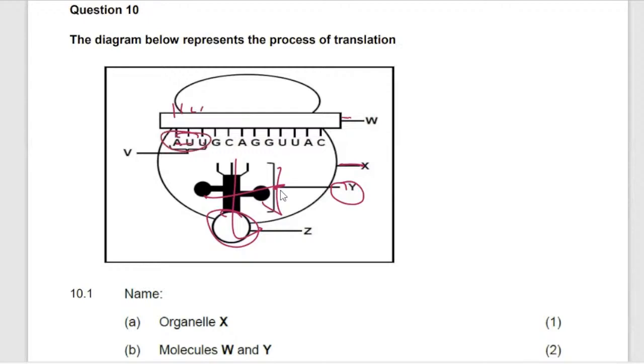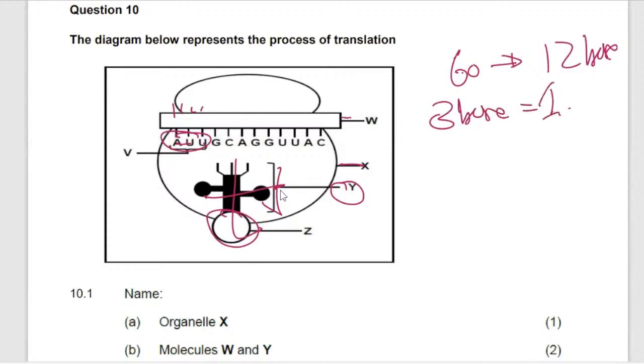Two questions. The first one is how many codons in 12 bases. Remember, 3 bases is equal to 1 codon. So 12 divided by 3 makes 4 codons.